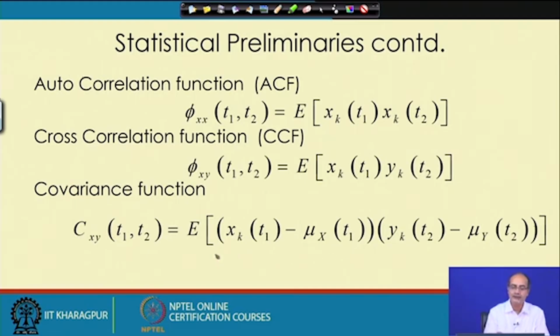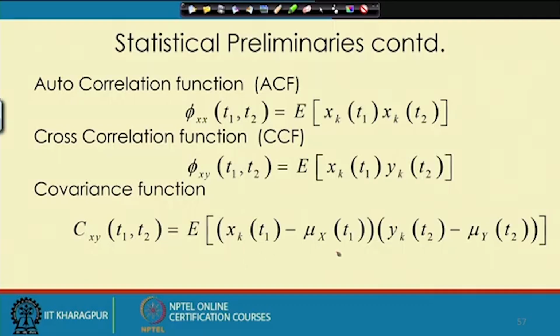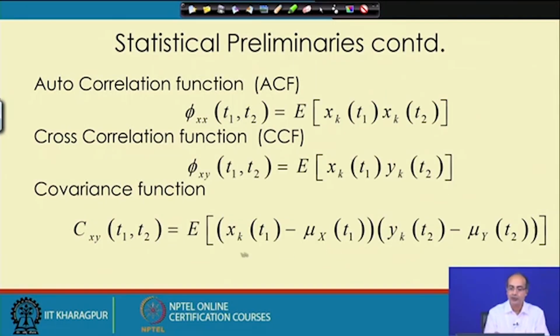Here covariance is taken between signal x and signal y, and as a special case of it, when both signals become the same, it will give us the variance of the signal. And if it is zero mean, the covariance will become the same as the cross correlation.